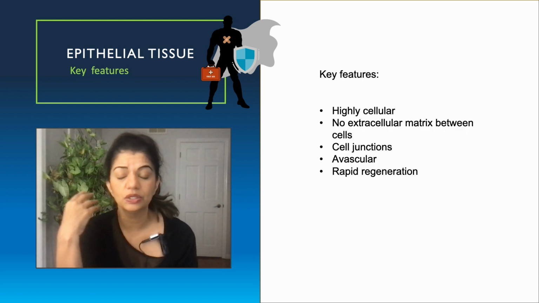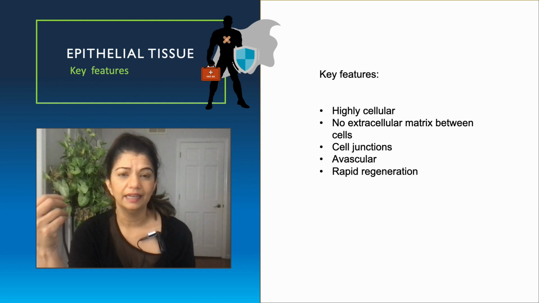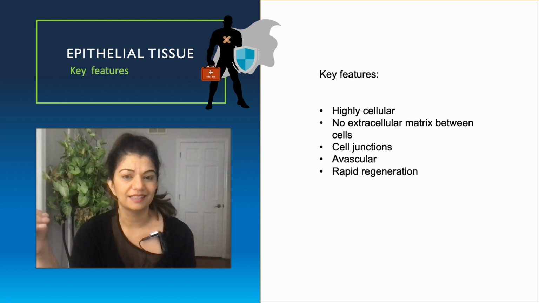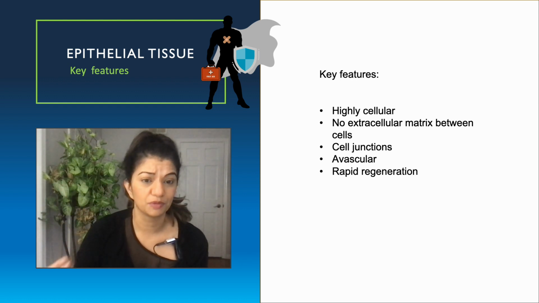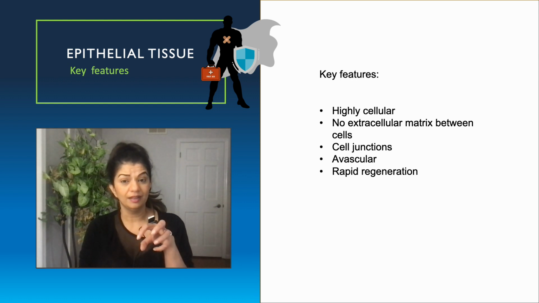Okay, so just to recap the key features, it's highly cellular, it is avascular, for instance, no blood vessels cross the basement membrane to enter the tissue. All nutrients have to come in or out by diffusion or absorption from the underlying tissues or surface. So they really rely on the underlying tissues, right?